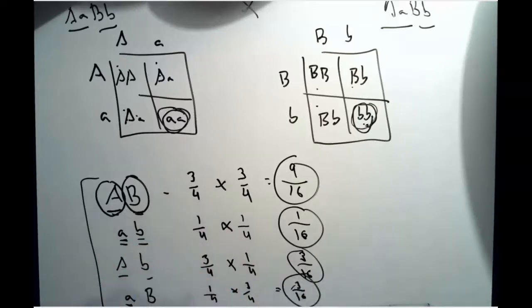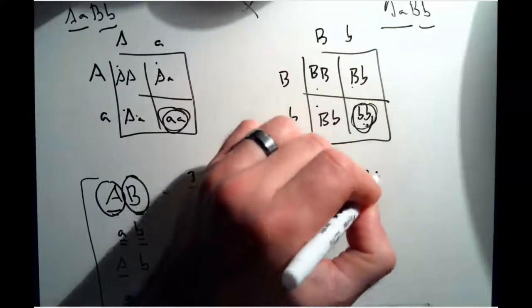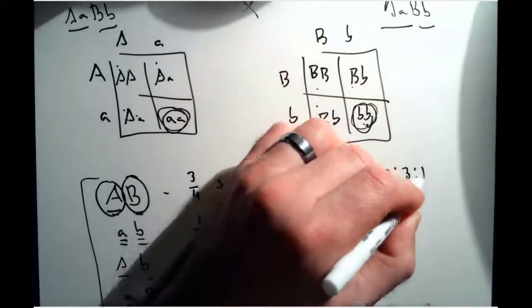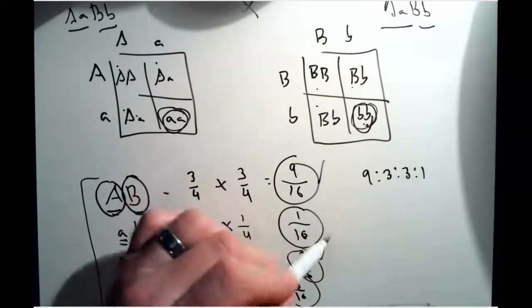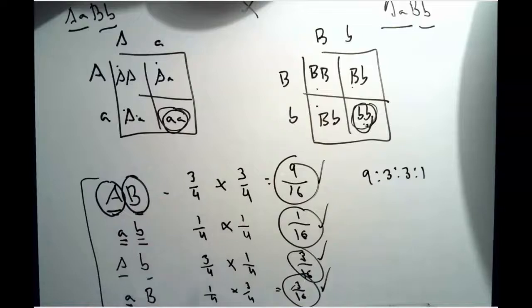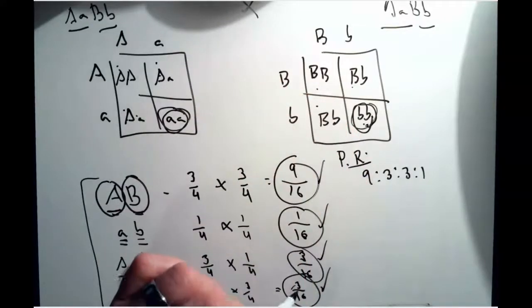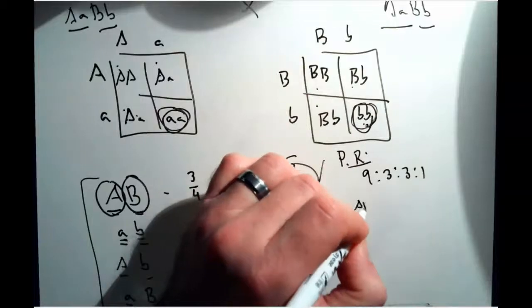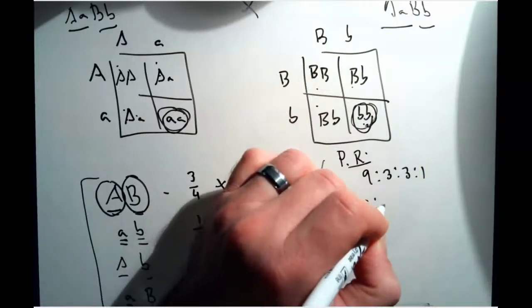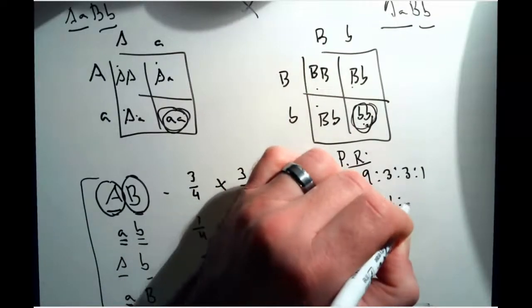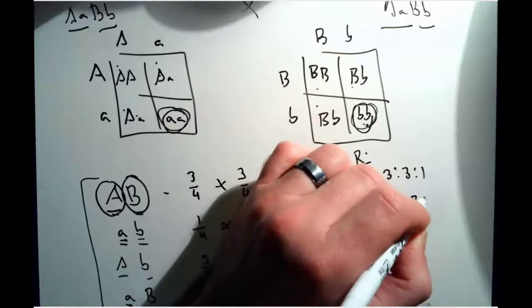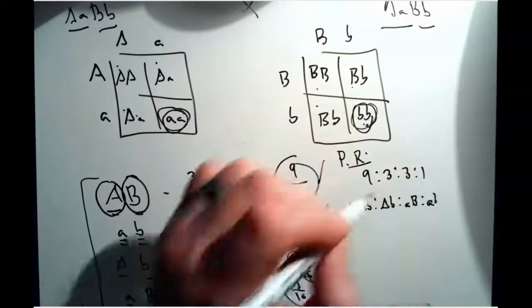So this is the classic dihybrid proportion. It is a 9:3:3:1 ratio, phenotypically. That's a phenotypic ratio. And what is it a ratio of? It's a ratio of both dominant to one dominant, one recessive, to the other dominant, one recessive, to both recessive.